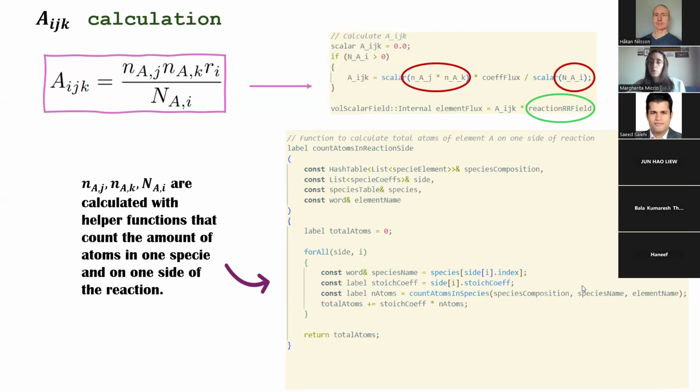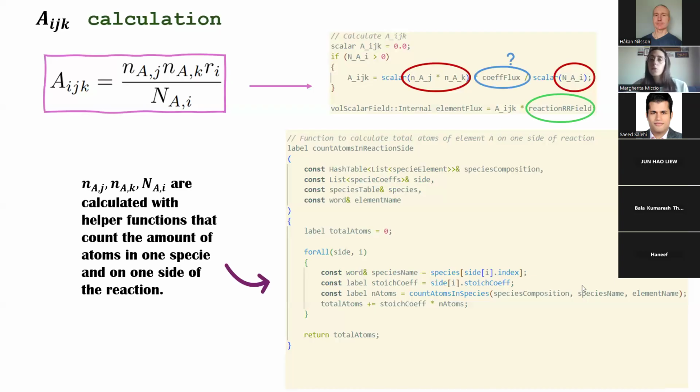In this case, it is from the reactant side, and it will be multiplied by the stoichiometric ratio because we need to preserve the mass conservation. So to calculate the total number of atoms involved in the reaction, we need, of course, also to multiply by the stoichiometric coefficient.